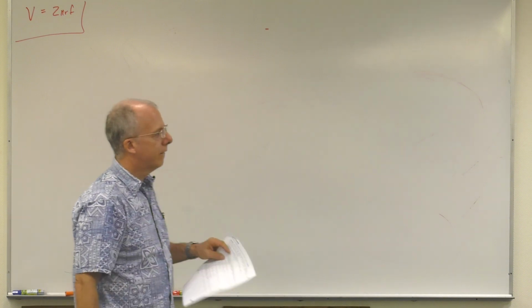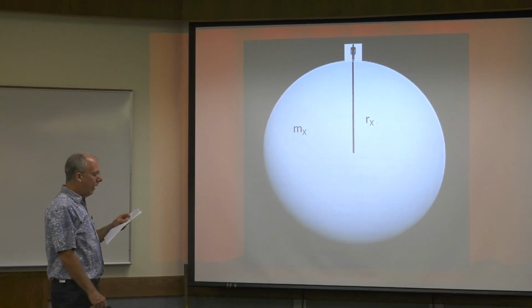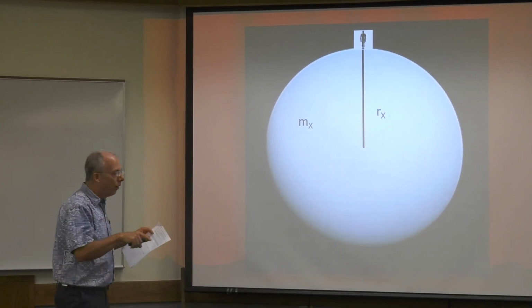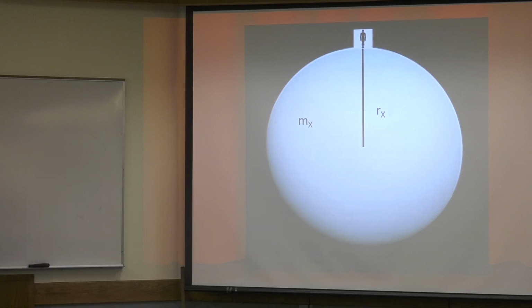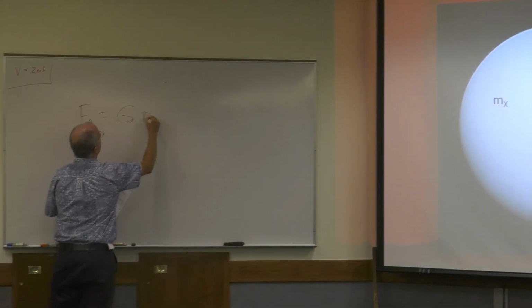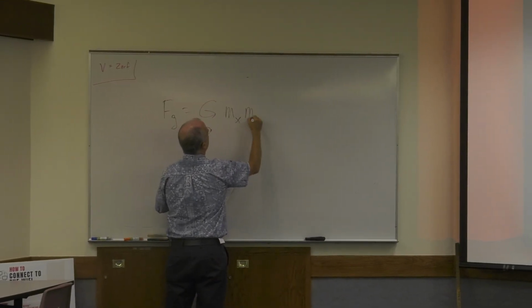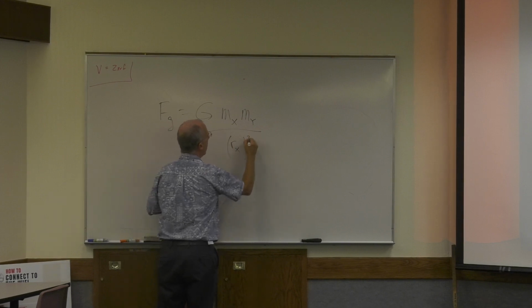So, let's say you're on planet X, whatever that is. What is g for this planet? Well, just do what we just did. The force of gravity is G, the mass of planet X, the mass of you, divided by the radius of planet X squared.